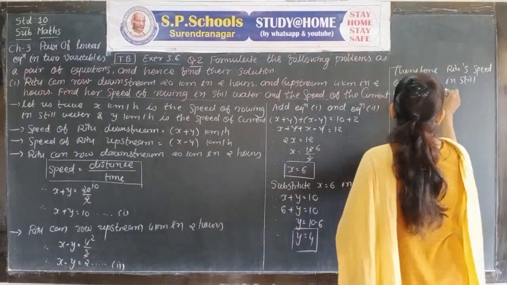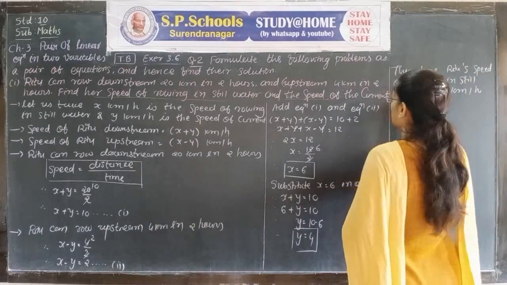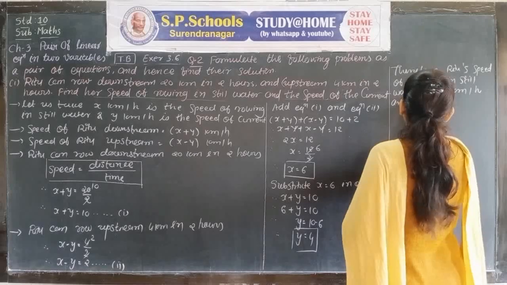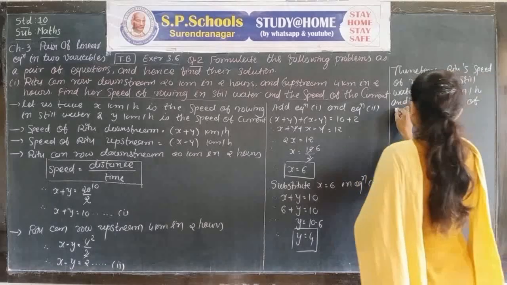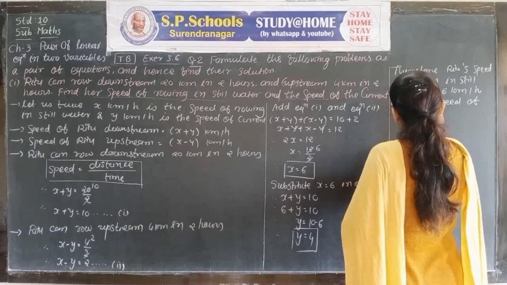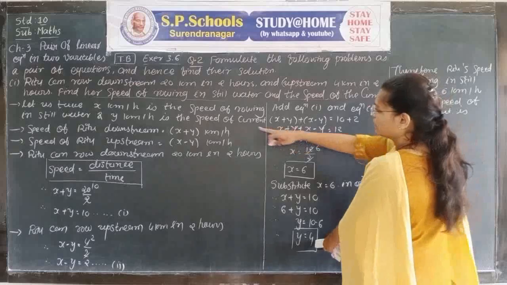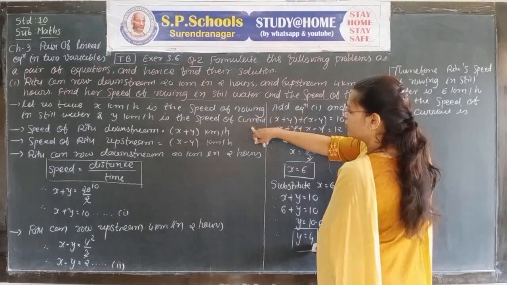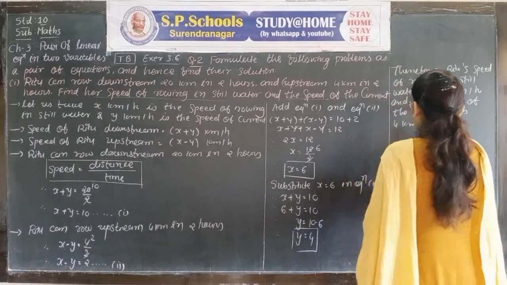The value of x is 6 km per hour, and the speed of the current is y km per hour, which is 4 km per hour.